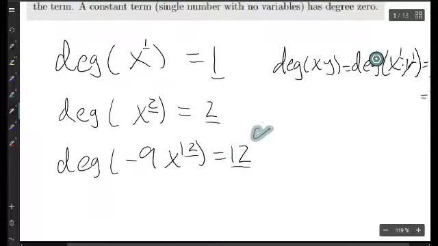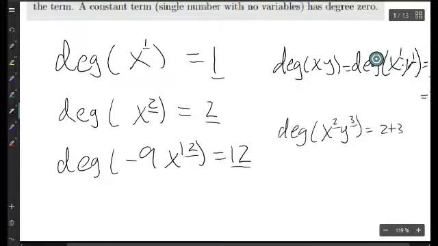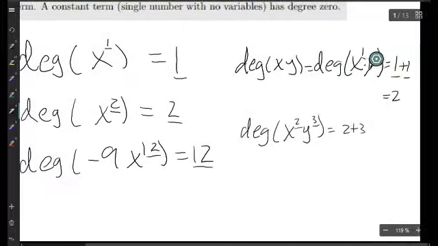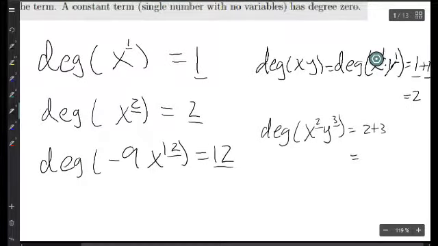And similarly, the degree of x squared y cubed is 2 plus 3 from the exponents of 2 and 3, which is 5.